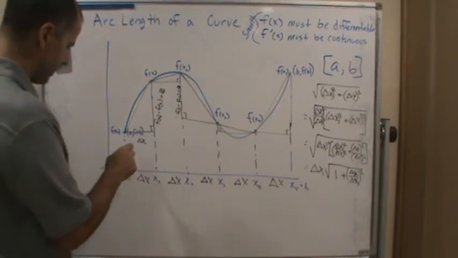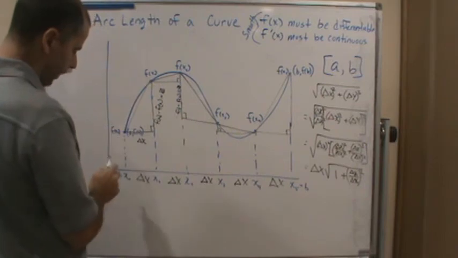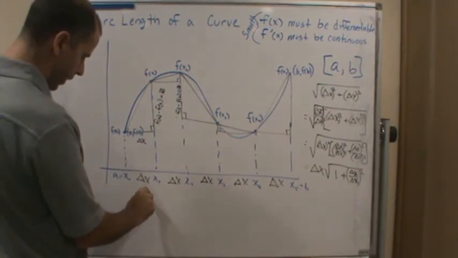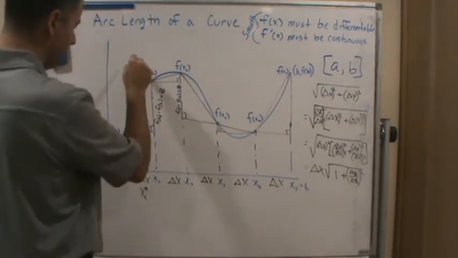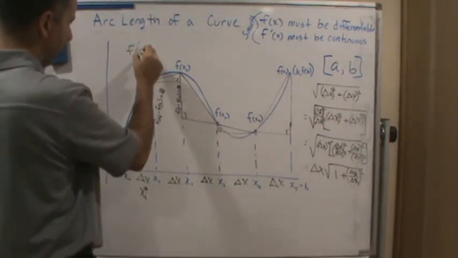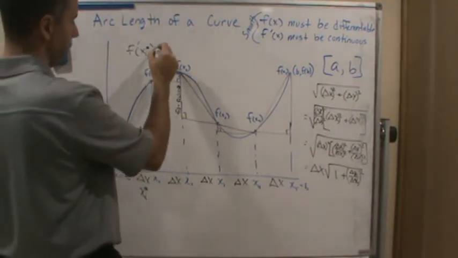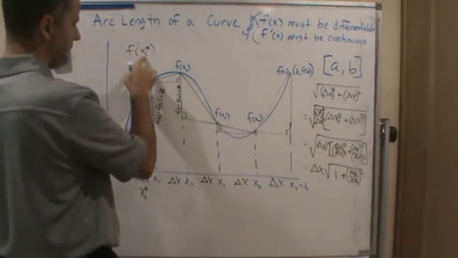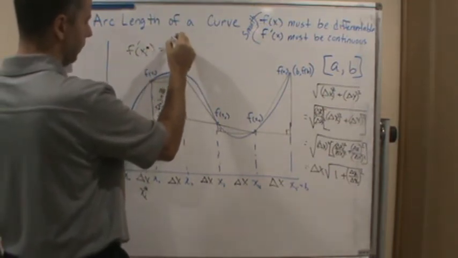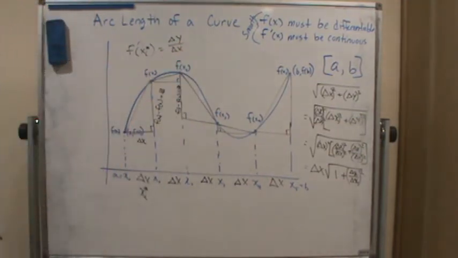If I'm connecting these two dots with a secant line, then the mean value theorem says there must be some x value, let's call it x sub i star, such that the derivative of the function evaluated at x sub i star is equal to delta y over delta x. That's the mean value theorem.